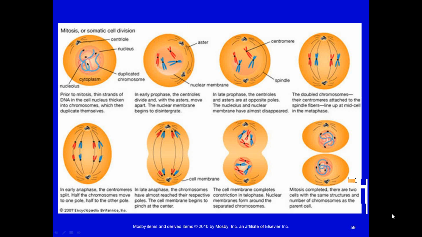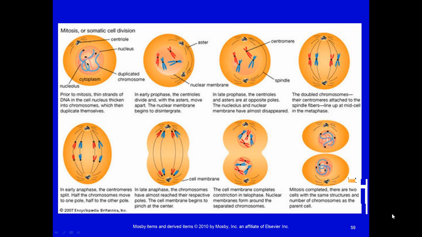Now, of course, water levels are affected by overhydration, getting too much water in your system, and dehydration, not having enough. And both overhydration and dehydration certainly will affect how cells function and affect homeostasis.